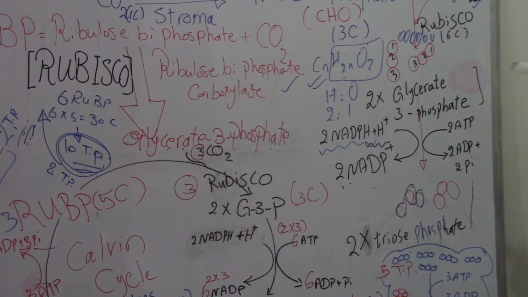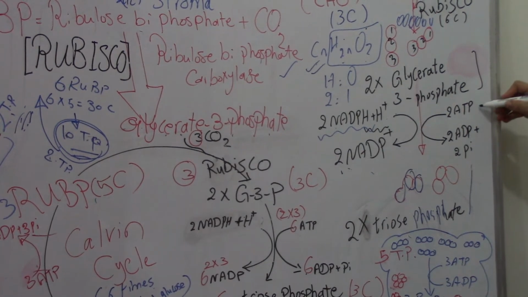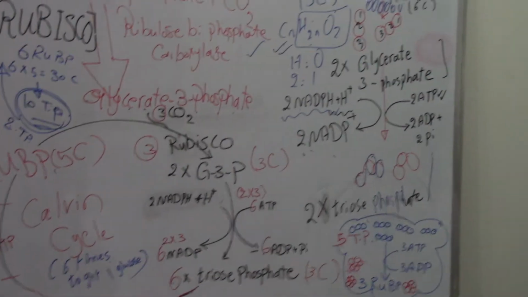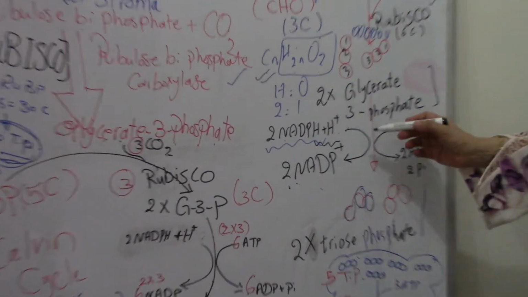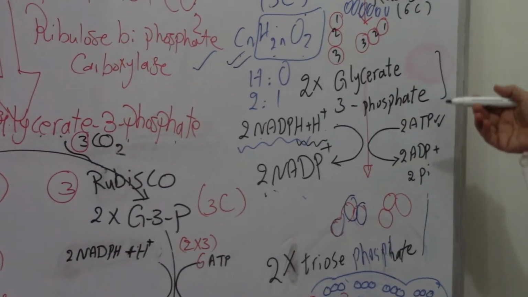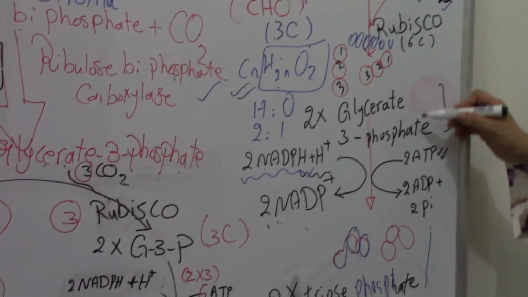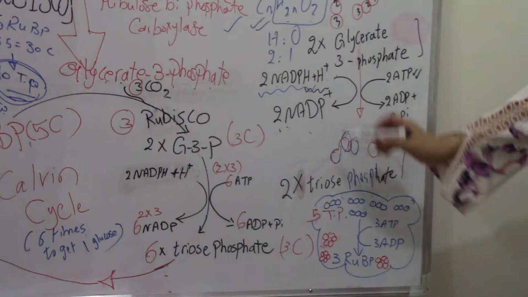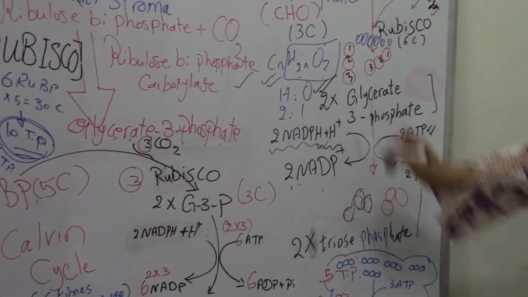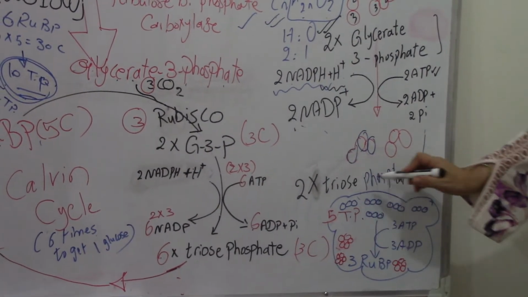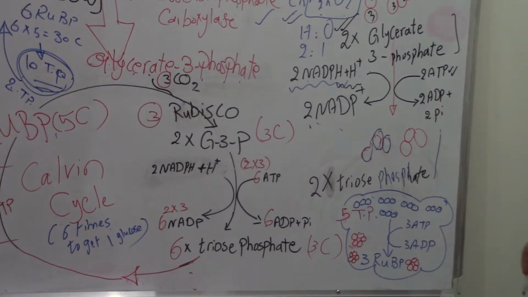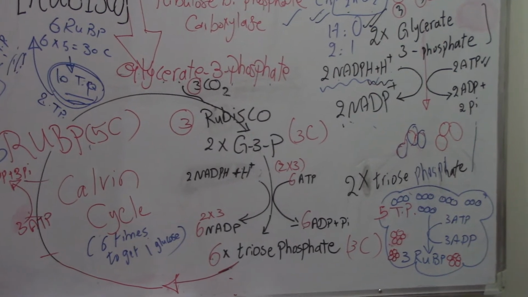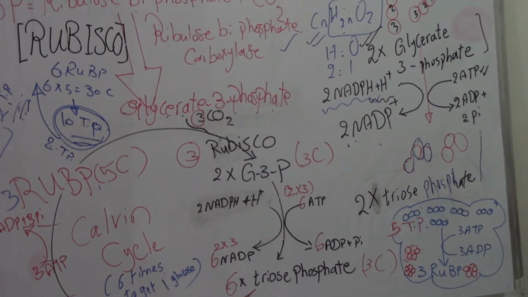The source of energy is ATP, which is also produced from the light-dependent reaction. So both ATP and reduced NADP drive the conversion of glycerate 3-phosphate into a sugar molecule, which has the normal molecular formula of sugar, which is triose phosphate. Triose phosphate is a sugar molecule, and we consider it the first stable molecule formed in the photosynthesis process.